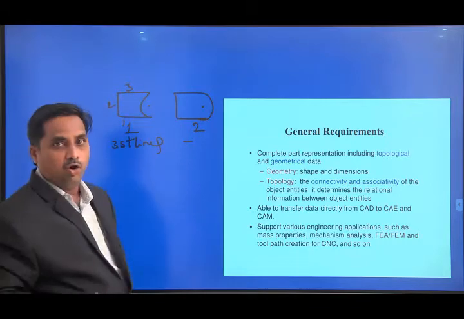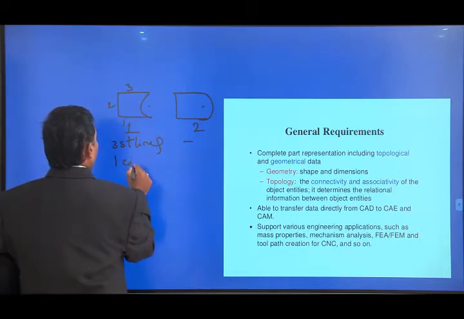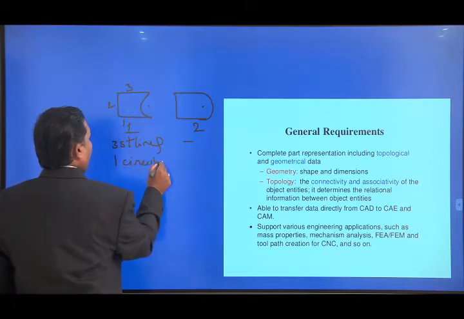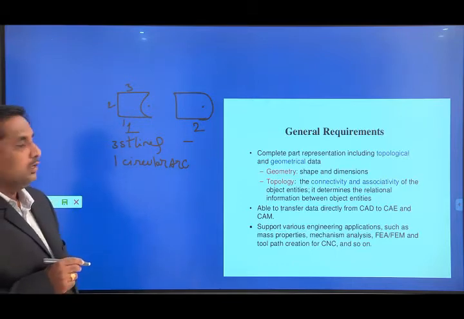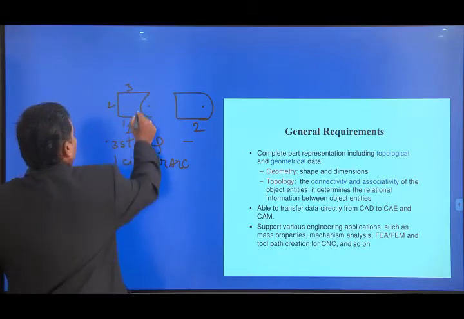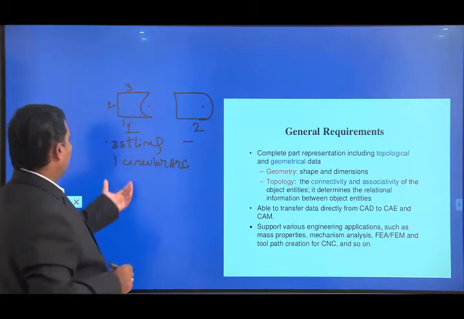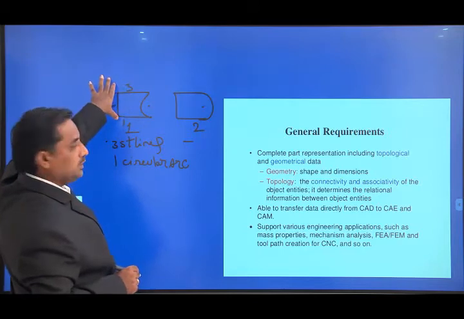How many circular arcs are there? Only one circular arc. So these are the 3 straight lines and one circular arc we require here for modeling this object.